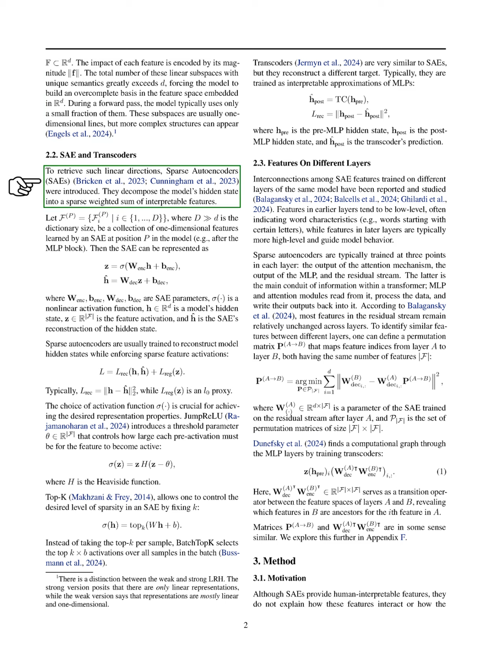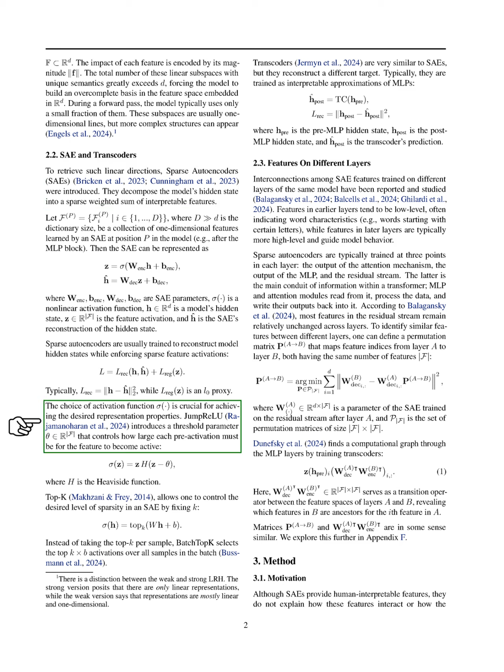We also explain how sparse autoencoders, SAEs, are employed to extract these linear directions by breaking down the model's hidden state into a sparse weighted sum of interpretable features. We define a collection of one-dimensional features learned by an SAE at a specific position in the model. The SAE is designed to reconstruct the model's hidden states while promoting sparse feature activations.